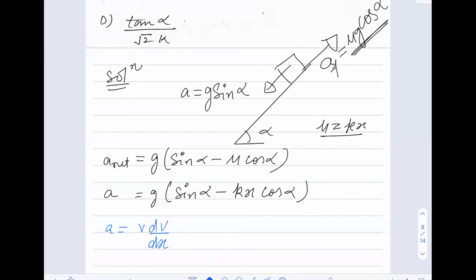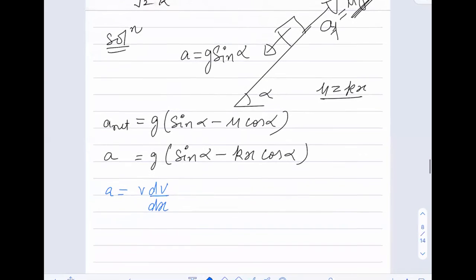So acceleration I can write as v dv by dx, and then I have g into sine alpha minus kx cos of alpha. Take this dx here. Double differentiation? See, if I do double differentiation, the double differentiation of displacement is acceleration.